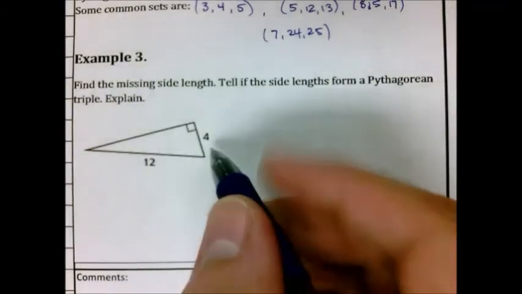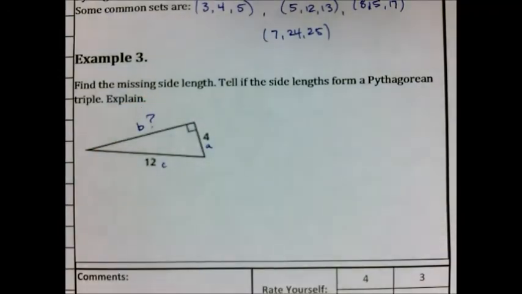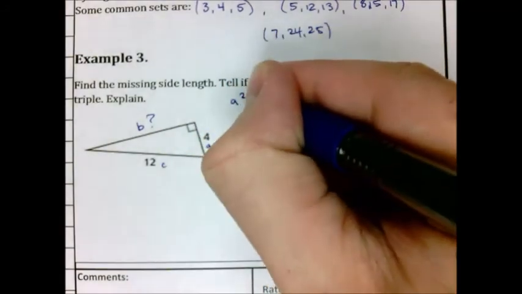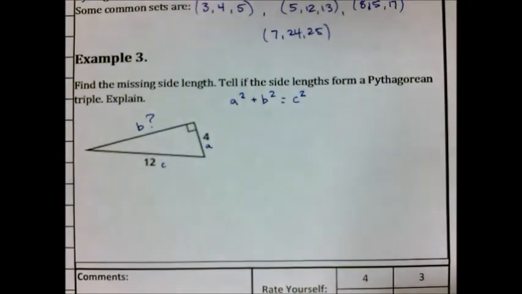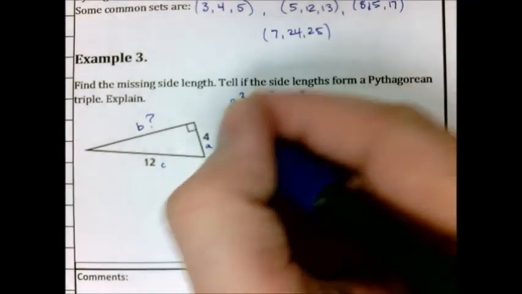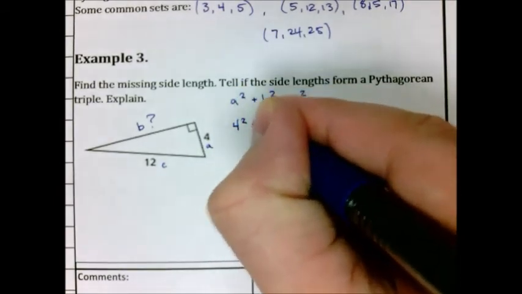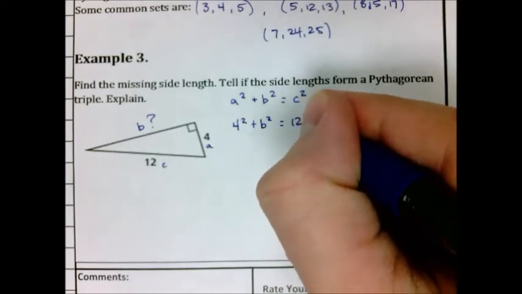Okay, so what we know here is we've got our A, we've got our C, but we're missing our B. We don't know what B is. So let's remind ourselves of what Pythagorean theorem is. It's A squared plus B squared is equal to C squared. Let's substitute all of those values in for what we know. A is 4, so 4 squared, plus B squared, which we don't know, is equal to C squared, which is 12 squared.